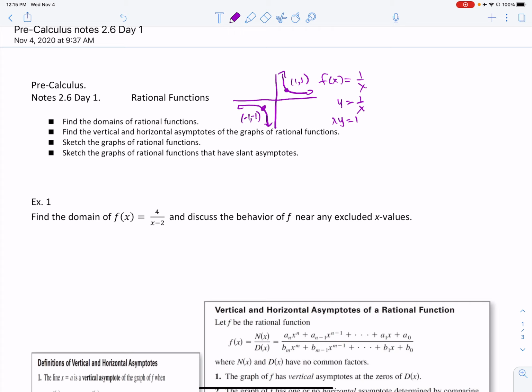And so any two numbers that multiply to be 1, those are going to be possible xy ordered pairs. And when you look at this, since it never hits the y-axis, it has a vertical asymptote there.